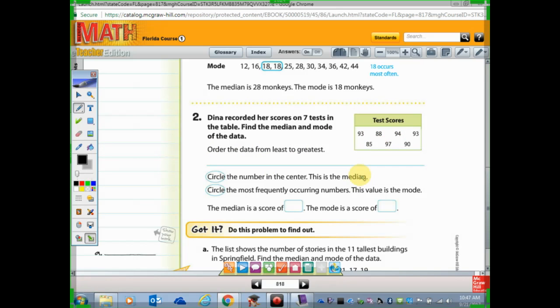What is the least number in that set, Chris? 85. I cross it out when I use it so that I don't mistakenly use it again. Megan, what's the next one? 88. Next, Gracie. 90.